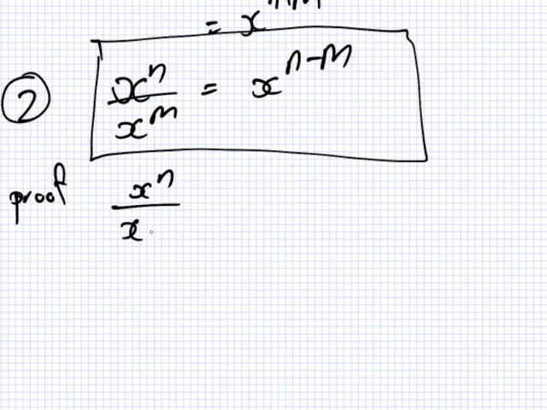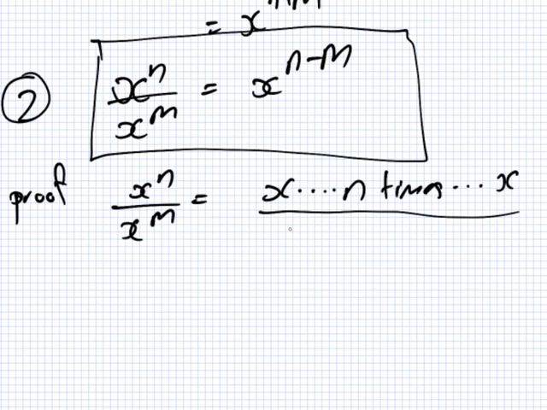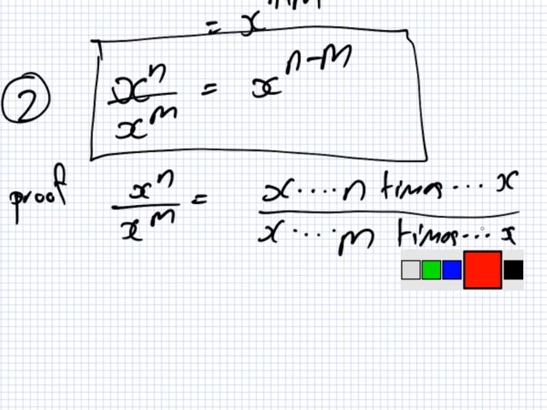x^n divided by x^m is x times x and so on, n times. And then on the bottom, you have x times x and so on, m of these. And what happens here is you cancel. And each time you cancel, you lose an x.